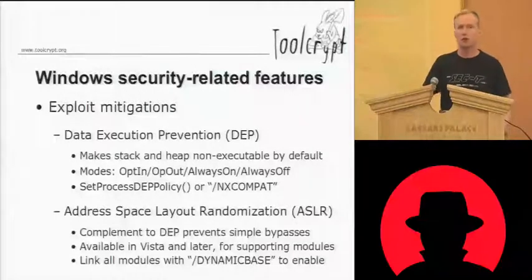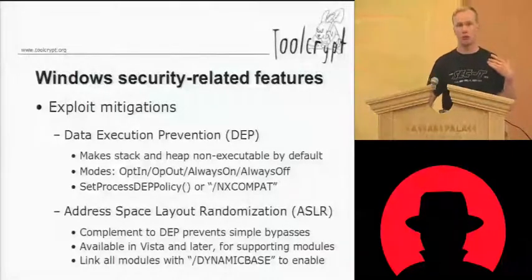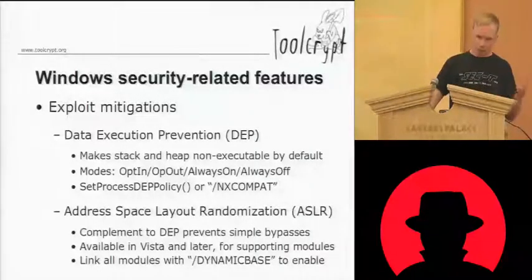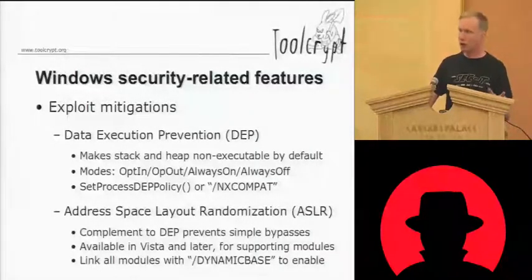And to make that harder, ASLR randomizes the memory addresses where all executable modules are loaded on different systems. So I think there's about a byte of entropy in there.